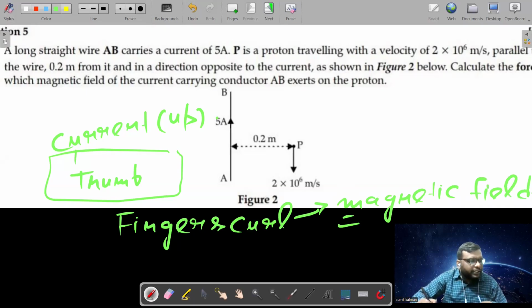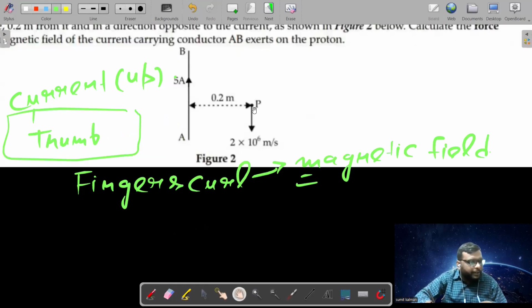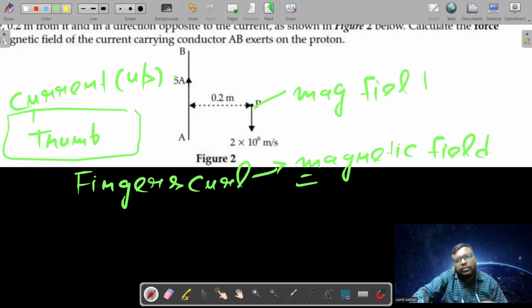The magnetic field circles the wire. And students, if you see at a point P to the right of the wire, magnetic field is into the page, that is inward.